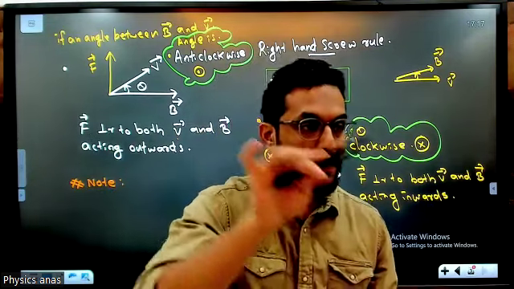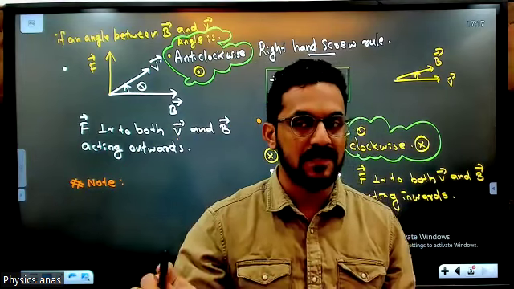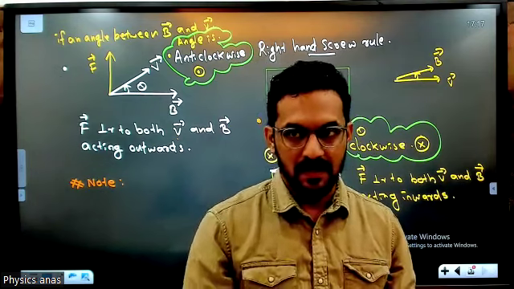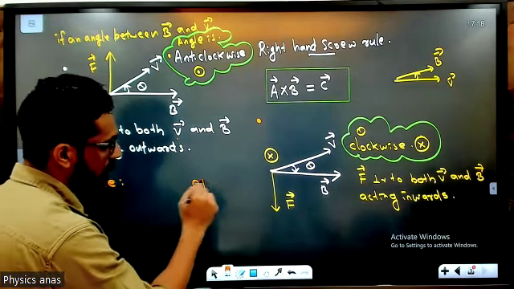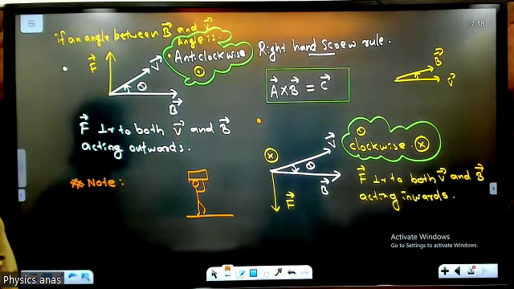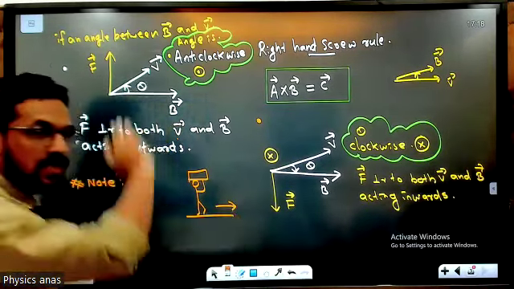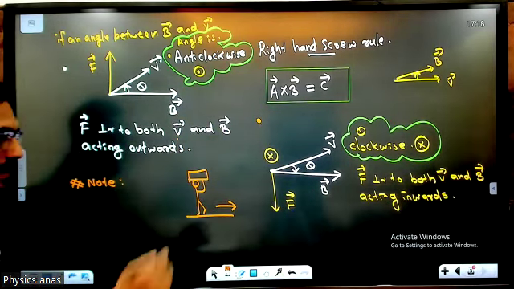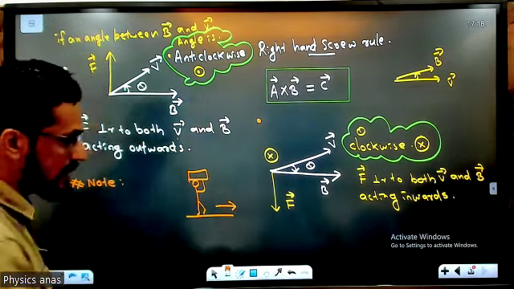If force is perpendicular to the direction of motion, work done by that force is, I have studied that in 11th. I will give you one example. A man is holding a weight on his head and he is walking towards the right.